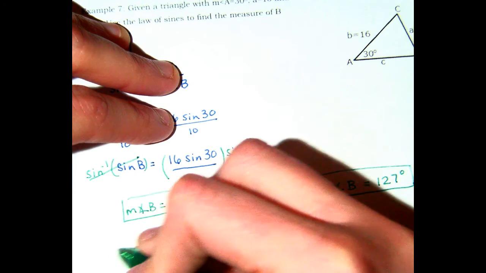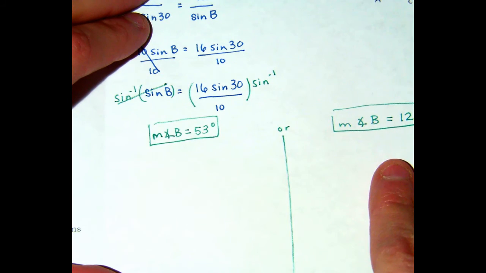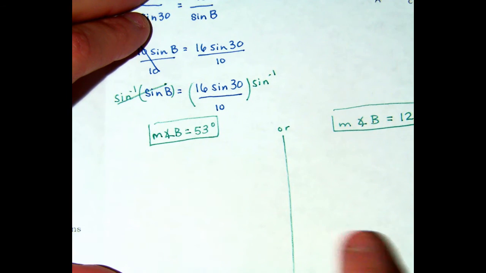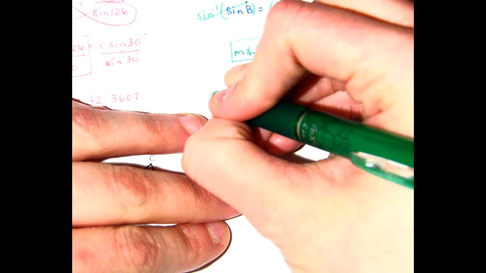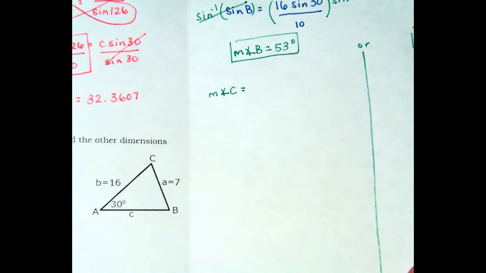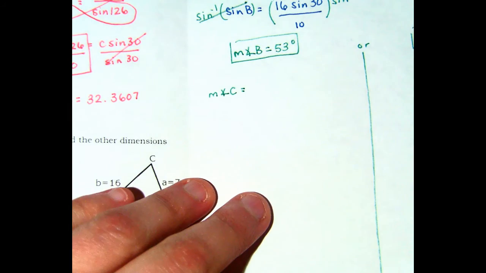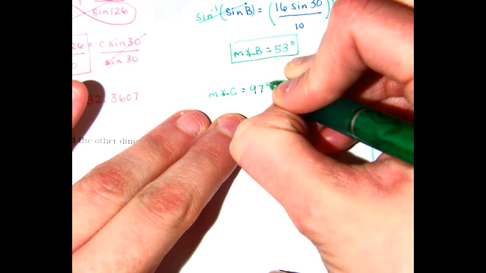We are going to have to find the measure of angle C with this, the measure of angle C with this, and the missing side length with this and this. We're going to focus on this one first. Measure of angle C is just 53 plus 30, and then subtract that from 180. 53 plus 30 is 83, and 180 minus 83 leaves 97.